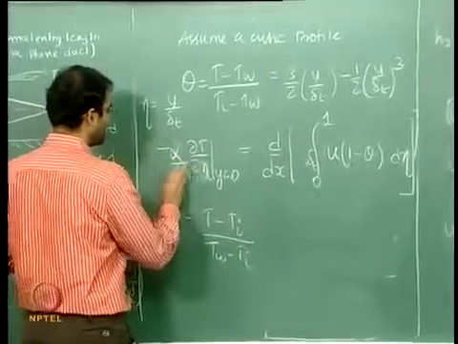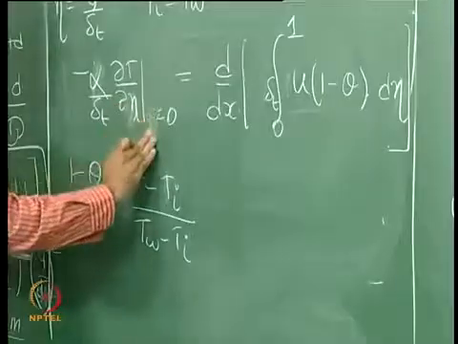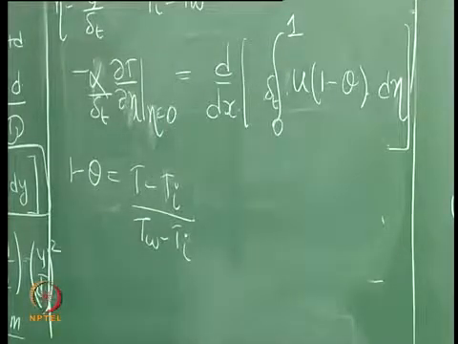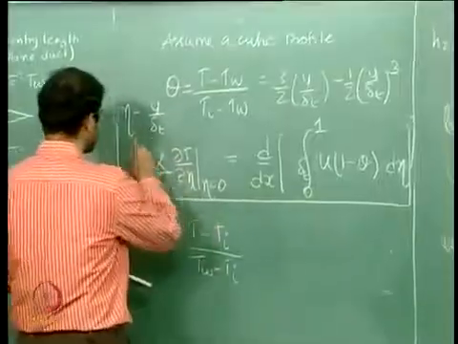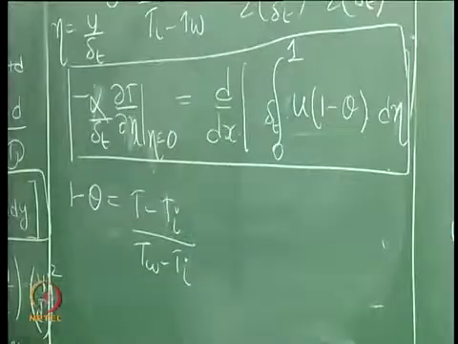So I have to also multiply by delta t in the denominator. So this becomes eta equal to 0. This is my modified energy integral, a slightly modified form for the case of constant wall temperature.